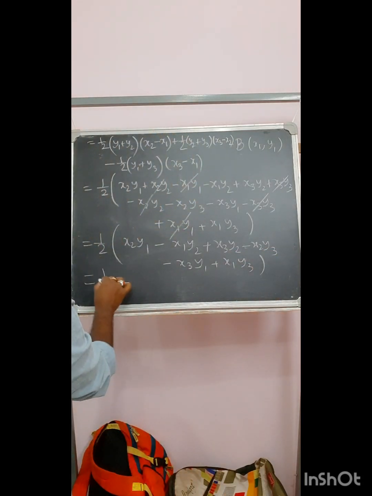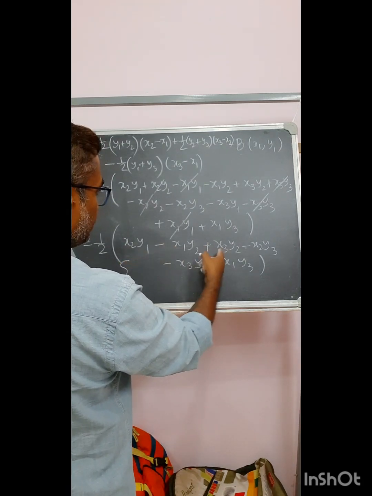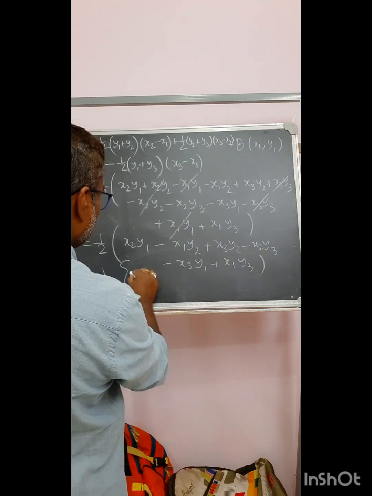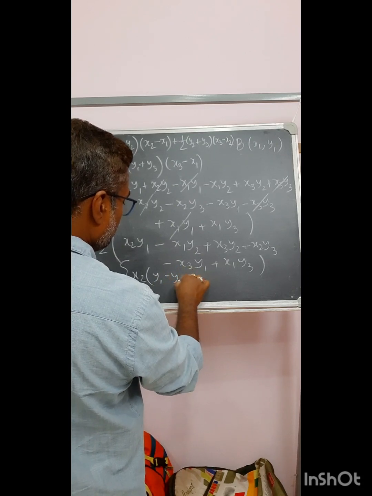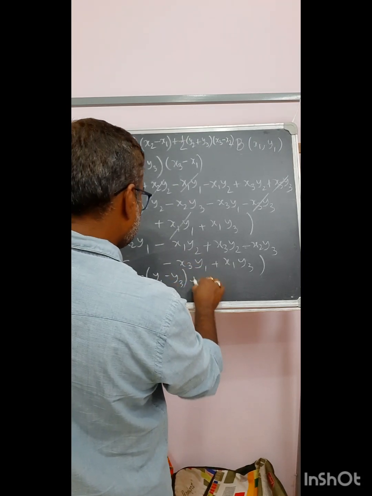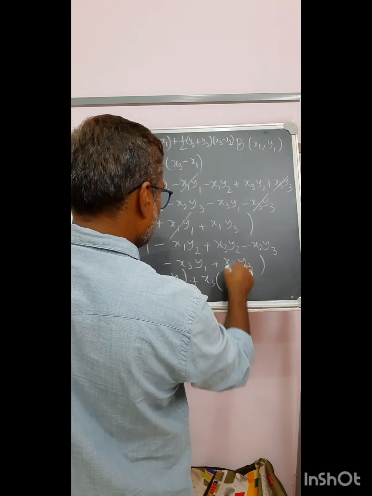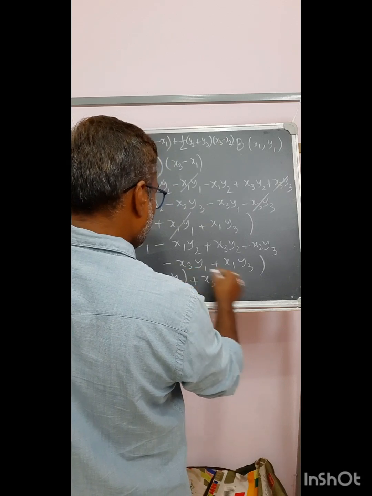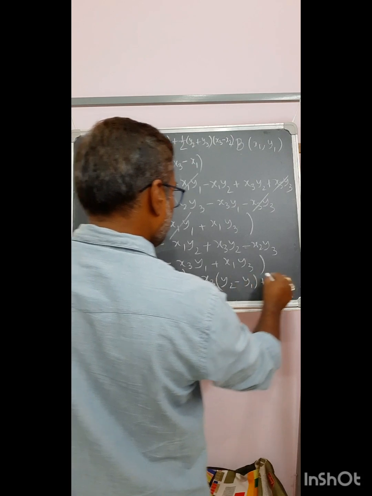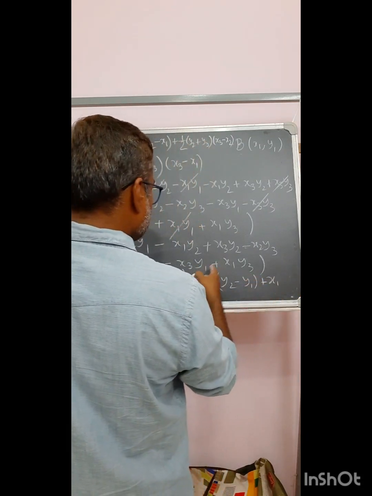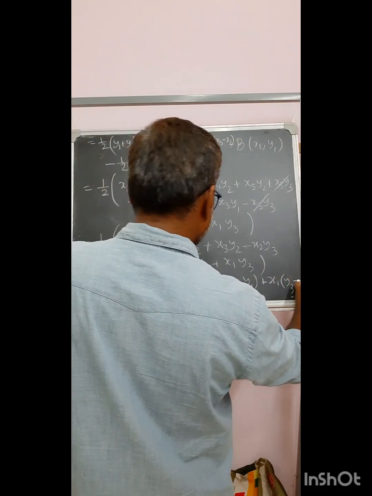Now here I will arrange this in a certain form where I will take all the x parts common. If I take X2 common, it will give you Y1 minus Y3. Plus, if I take X3 common, this will give you Y2 minus Y1. And the second one, I will take X1 common, then it will be Y3 minus Y2.